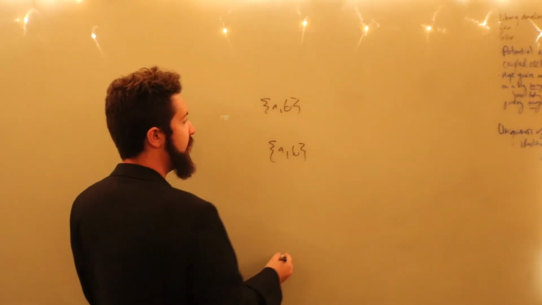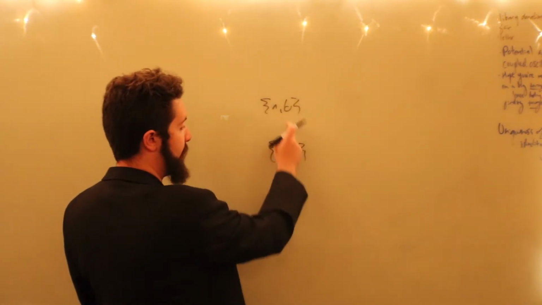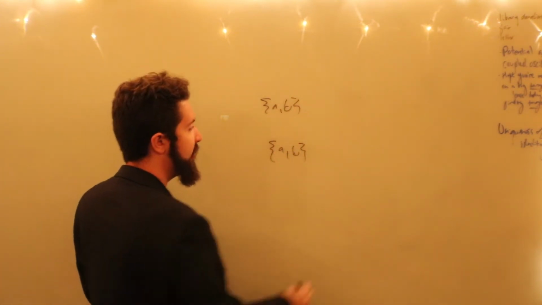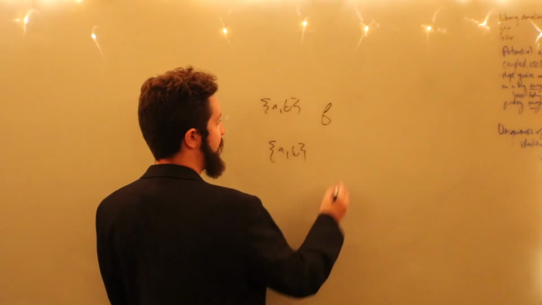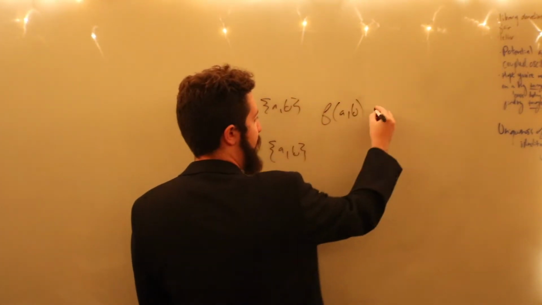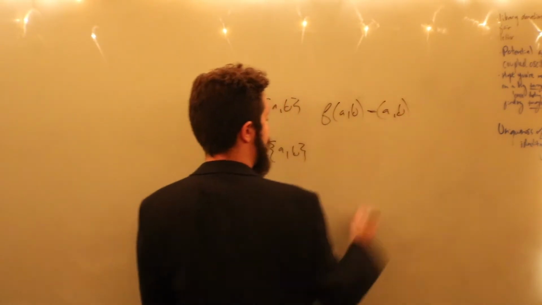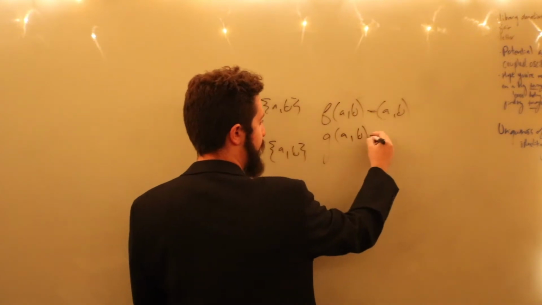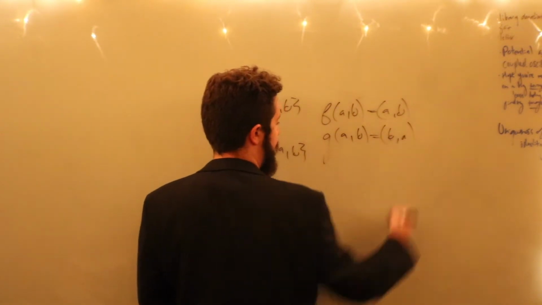We can either map A to A and B to B, or we can map A to B and B to A. So let's call F the mapping that takes AB to AB, and let's call G the map which takes AB to BA.